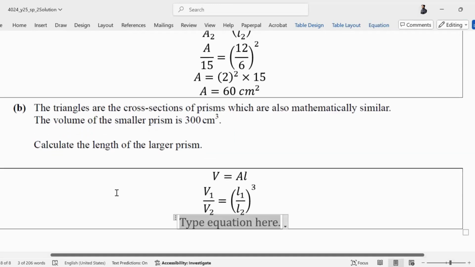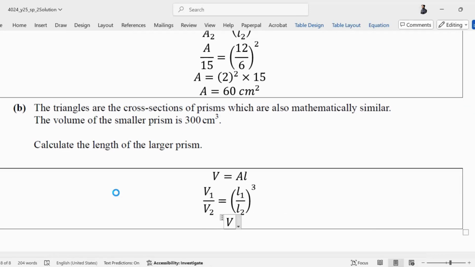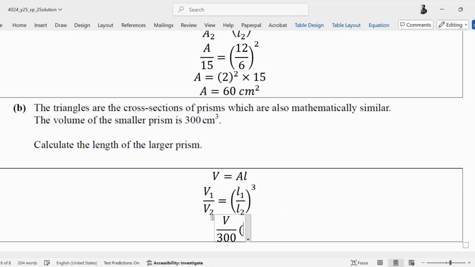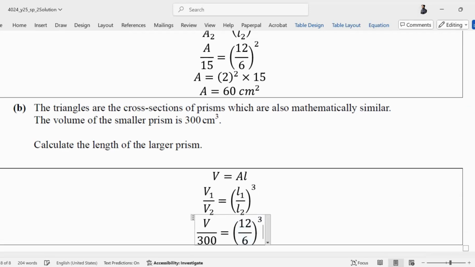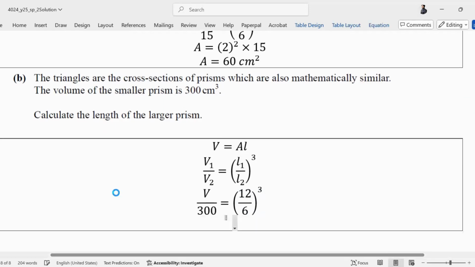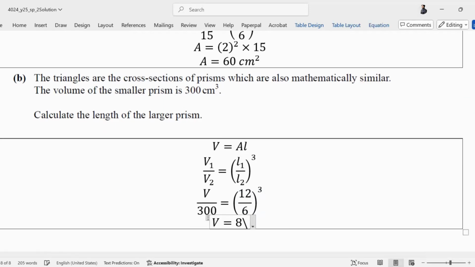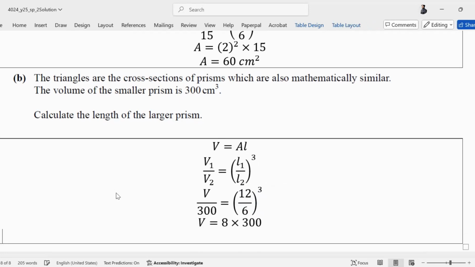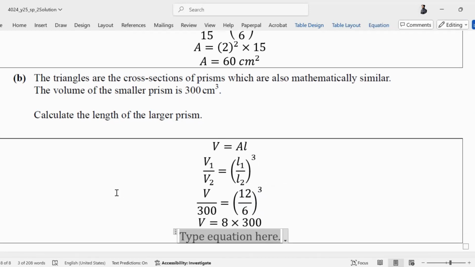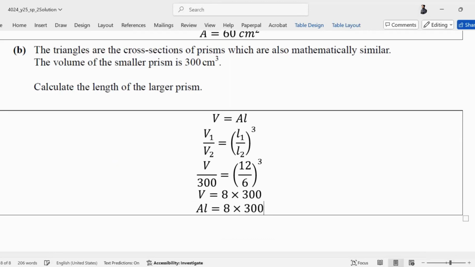We know the ratio of lengths to volume of larger is V, the smaller one is 300. The ratio large upon small, we have already figured it out, it is 2. 12 upon 6 was 2. So I'll just write 12 upon 6 to avoid confusion. This will end up being 2. So volume will be 8 times 300. Now this is the volume of the larger prism. That can also be written as area into length. I'm not multiplying them out so as to keep the numbers small.